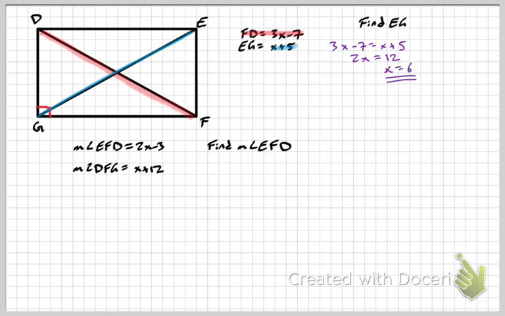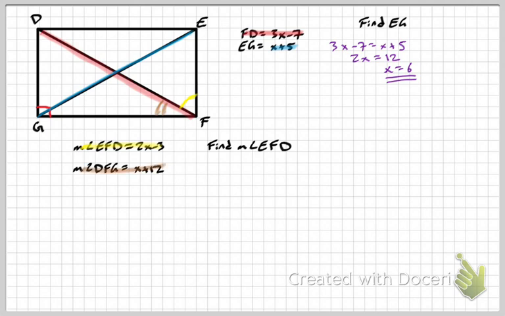Pretty easy one. For the next one, angle EFD is 2x minus 3, E to F to D, so that's this angle here. Angle DFG is here, x plus 12.